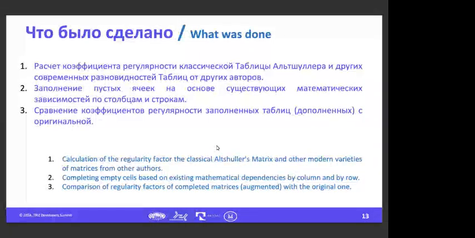And considering these laws of regularities, we're trying to find any math laws, dependencies, and we were trying to spread on empty cells. And as the conclusion, we were comparing whether our filled matrix is compared with the original matrix.